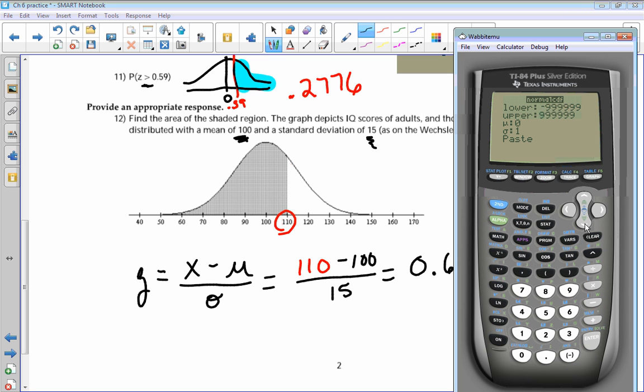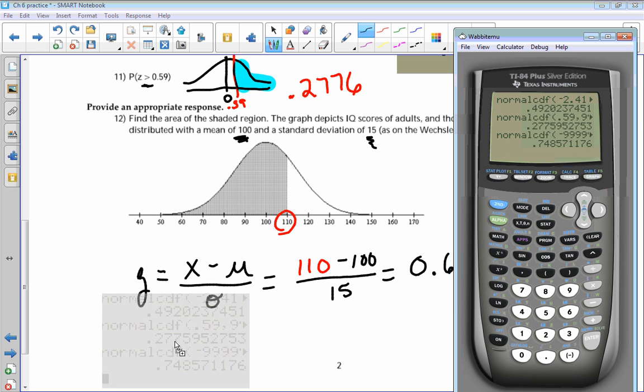My upper is going to be 0.67. And because I've standardized it and put my z-score in there, I'm going to leave mu at 0 and the standard deviation at 1. And we will find that that's going to be 0.7486. I can stick that down there for you.